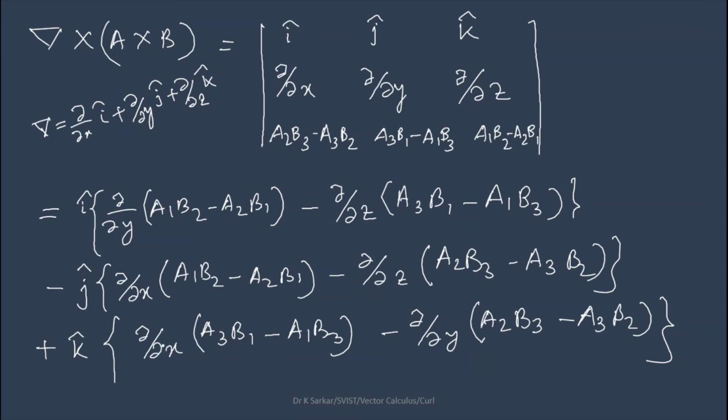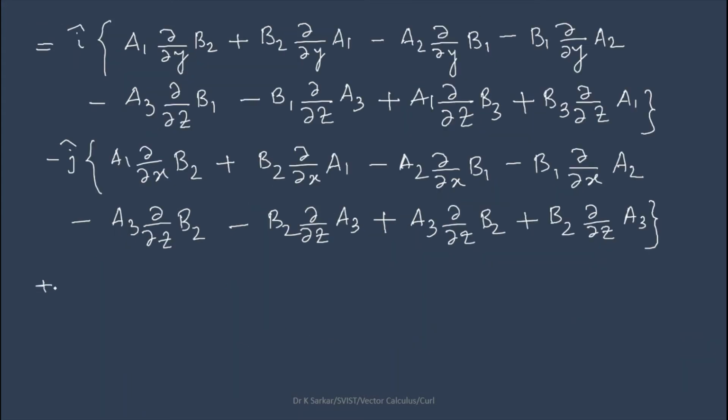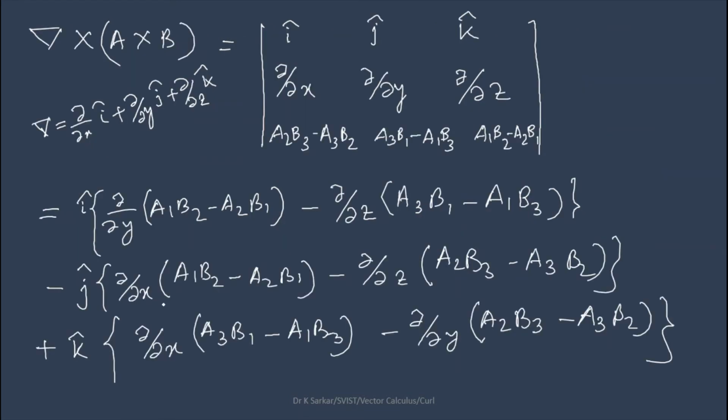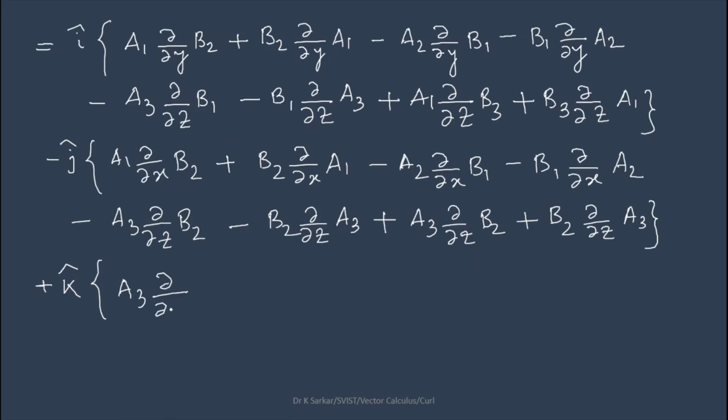Next, del/del x of (A3B1 minus A1B3) plus K A3 del/del x of B1 plus B1 del/del x of A3.